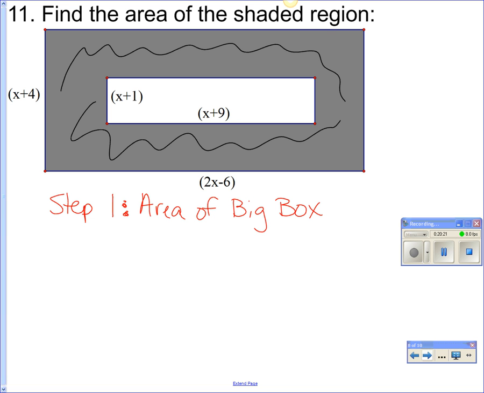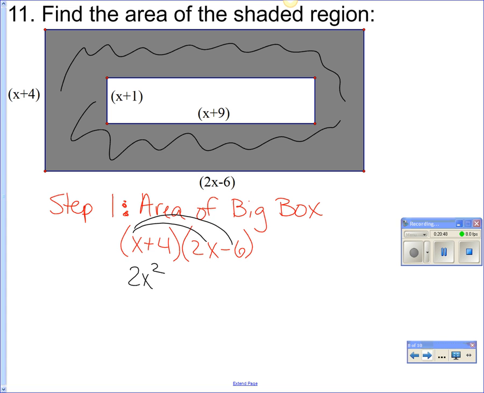Okay, how do you find the area of a rectangle? Length times width. Good. So we're going to put x plus 4 and 2x minus 6. So I want you to write this on your notebook paper just like I'm writing it. So x plus 4 times 2x minus 6. All right, we've learned how to do this today, so we're pretty quick at this. X times 2x is 2x squared.